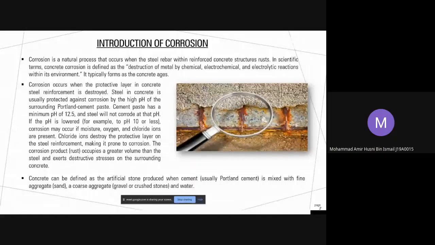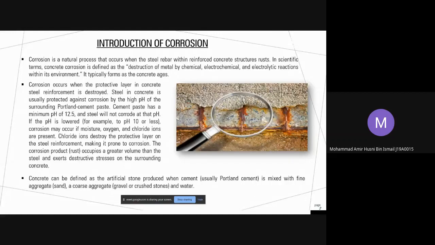Corrosion occurs when the protective layer of the steel reinforcement in concrete is destroyed. Steel in concrete is usually protected against corrosion by the high pH of the surrounding Portland cement paste. Cement paste has a minimum pH of 12.5 and steel will not corrode at that pH.